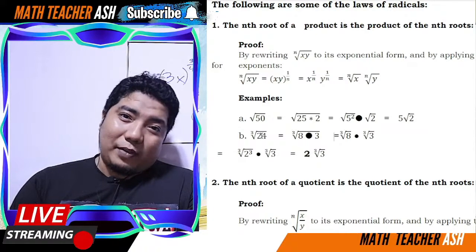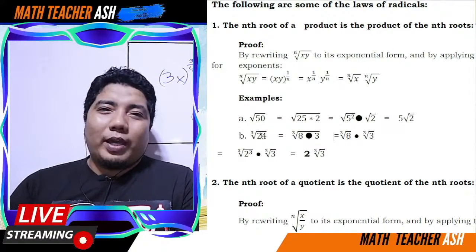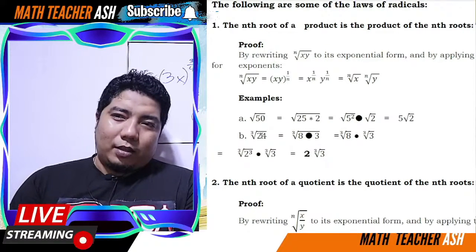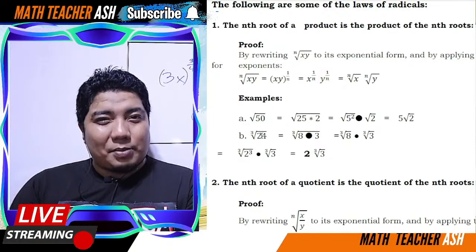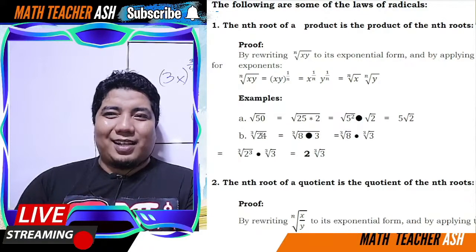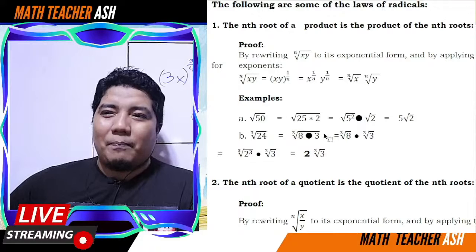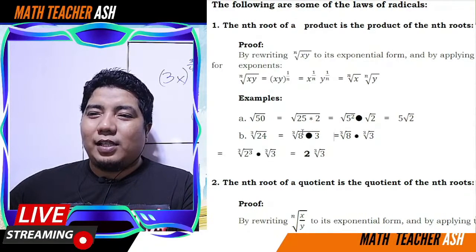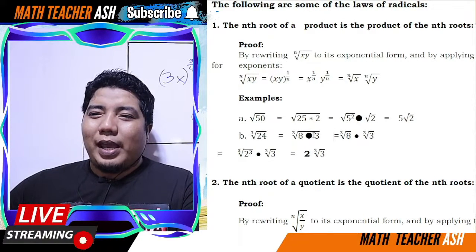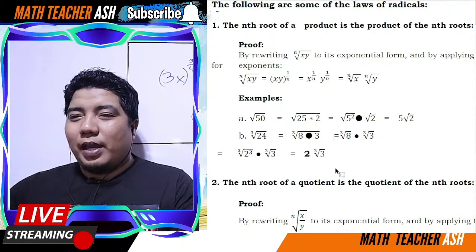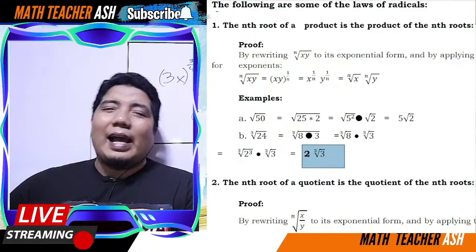Now, 24 is a factor of 8. So therefore, pwede nating biyakin si 24 into 8. And ano bang kailangan i-times kay 8 para maging 24? Of course, 3. So 8 times 3. So we have the cube root of 8 times 3. Of course, the cube root of 8 is equal to 2. And the cube root of 3, walang cube root sa 3. So you just copy and you have this final answer.